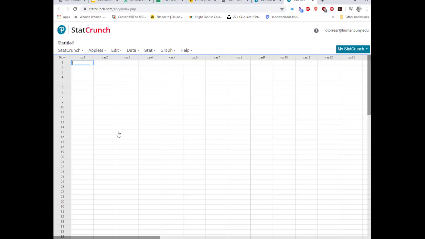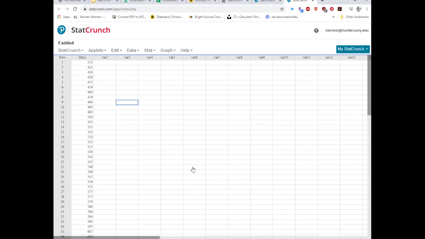I've got StatCrunch open already. Remember, if you click right here where it says var1, and hit Control V, or Command V on a Mac, you can paste everything in there very easily. And the title, days, goes in the section for the name.